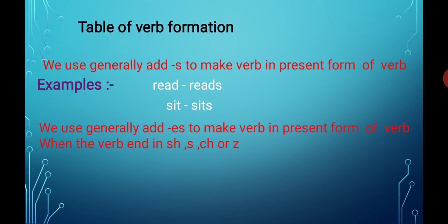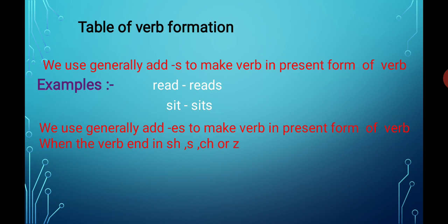The next rule is we generally add es to make the verb in the present form when the verb ends in sh, s, ch or z. It means that when the verb ends with sh, ch, s or z, we add es to make the verb in the simple present tense form, only when the noun is in a singular form.